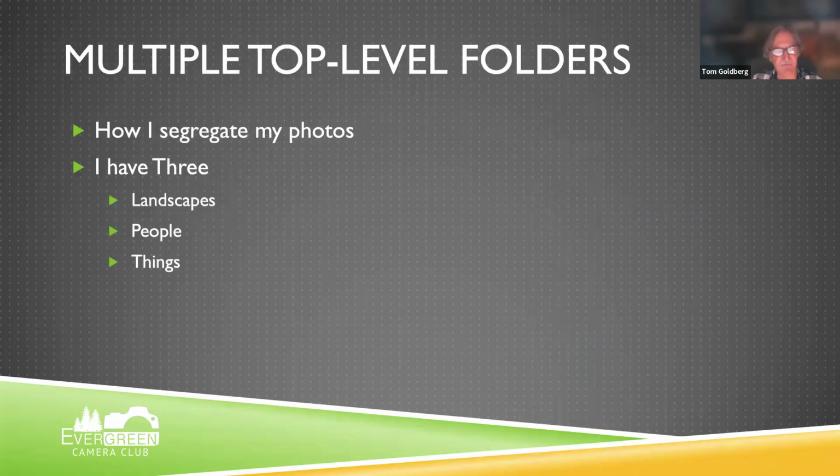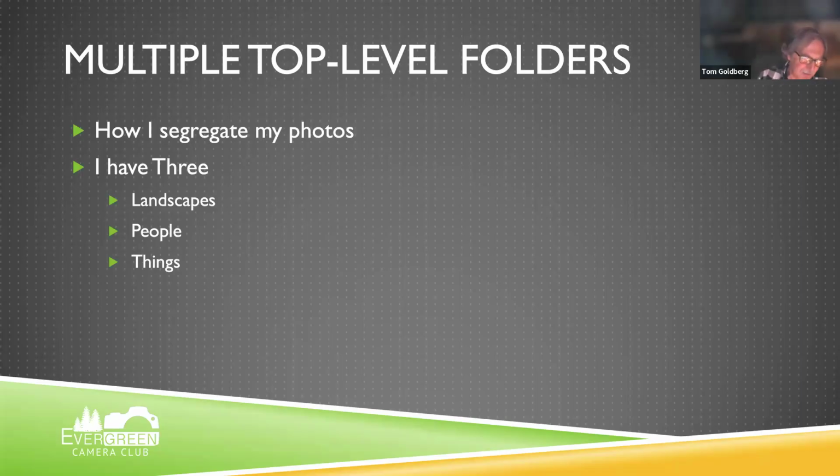Only I went for another level. I created 3 top-level folders, one for landscapes, one for people, and one for things. Like if I take a picture of my house or my pottery, that goes under things. I go to an art center event and I shoot a concert, that goes under people. I go out on a hike and I shoot a bunch of pictures, that goes under landscapes.